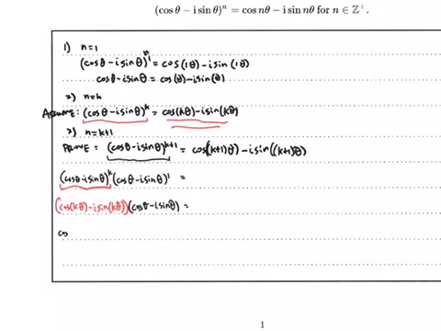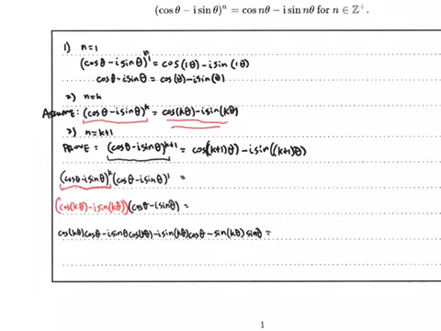So that would be cosine of k theta cosine of theta, minus i sine theta cosine of k theta, minus i sine k theta cosine theta, and then last, that'll be plus i squared, so minus sine k theta sine theta.